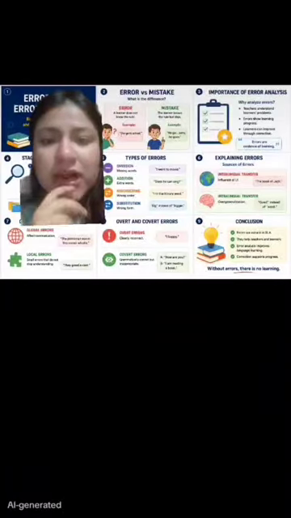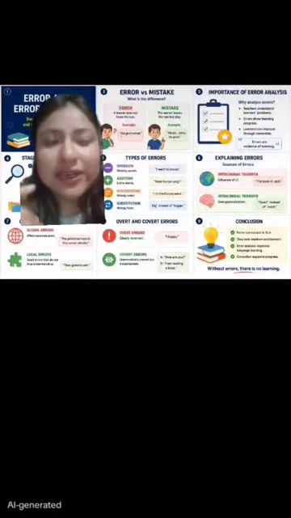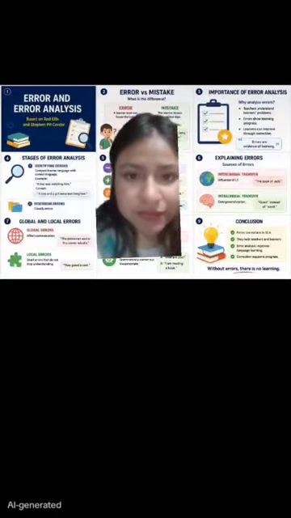A mistake is the same incorrect form, but the learners understand what the mistake is in these sentences and can correct it. For example, she goes, he goes to the school. This is the difference.